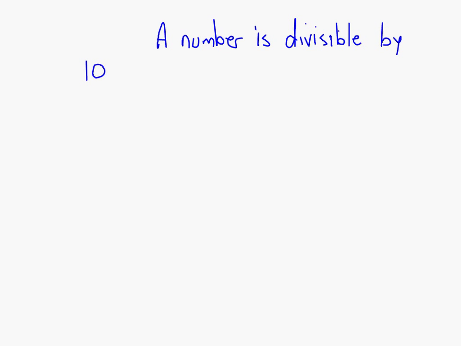So let's look at this one: a number is divisible by 10 if its last digit is a 0.